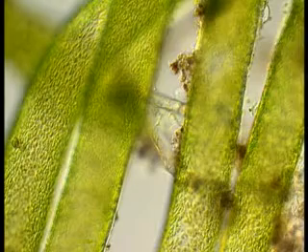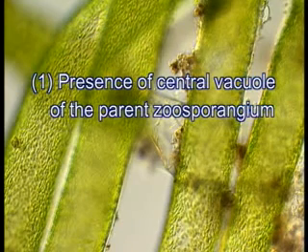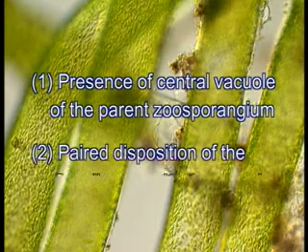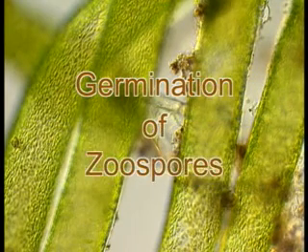Thus, it may be more appropriate to term it a synzoospore, a view supported by two facts. Number one, presence of the central vacuole of the parent zoosporangium, and number two, paired disposition of the flagella opposite the nuclei.